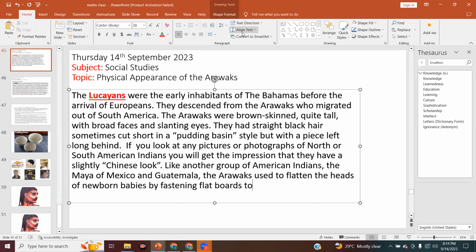So they would flatten the heads of babies.